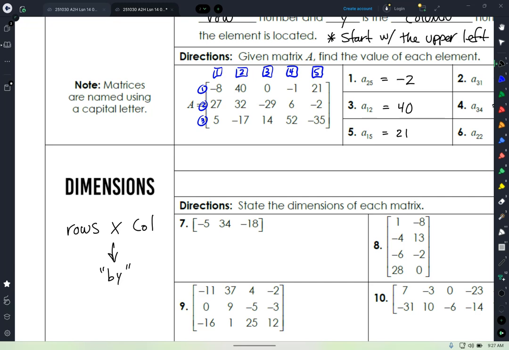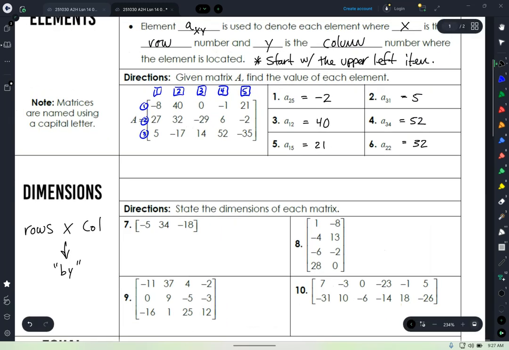And what you're going to find with matrices is the order of the numbers matters. We cannot change up the positioning of the things within the matrix. That matters to what we do here. All right, so let's write this down just so that we have it.